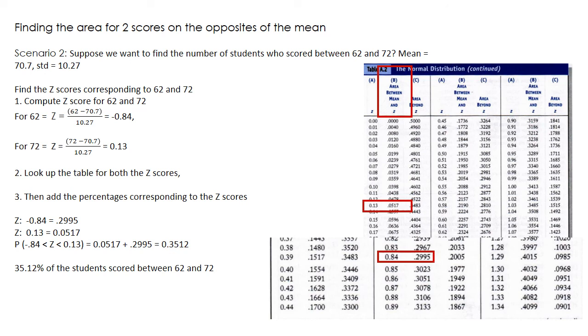So it will be 0.3512, and when we convert it into percentages, it becomes 35.12% of the students scored between 62 and 72. So you have an idea of how many percent actually scored between these two values.